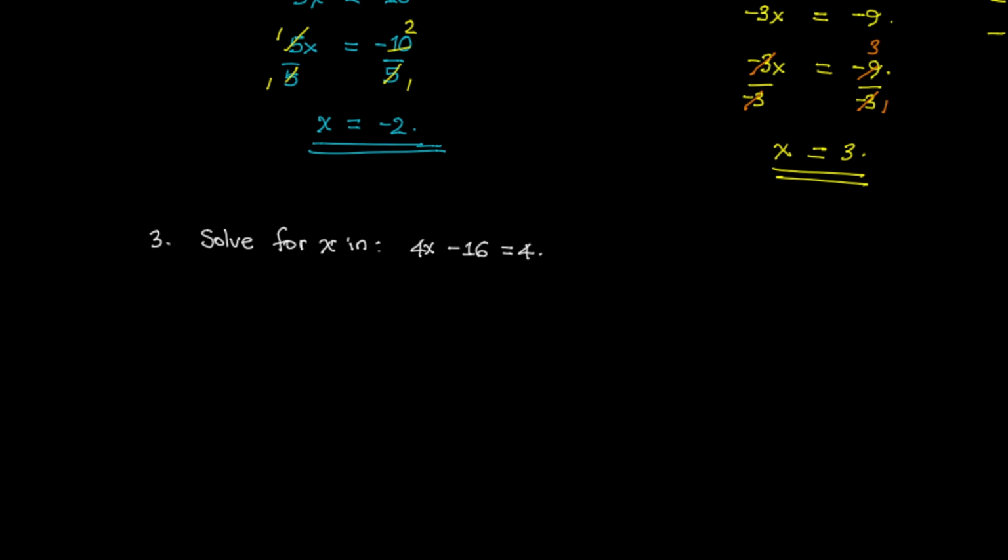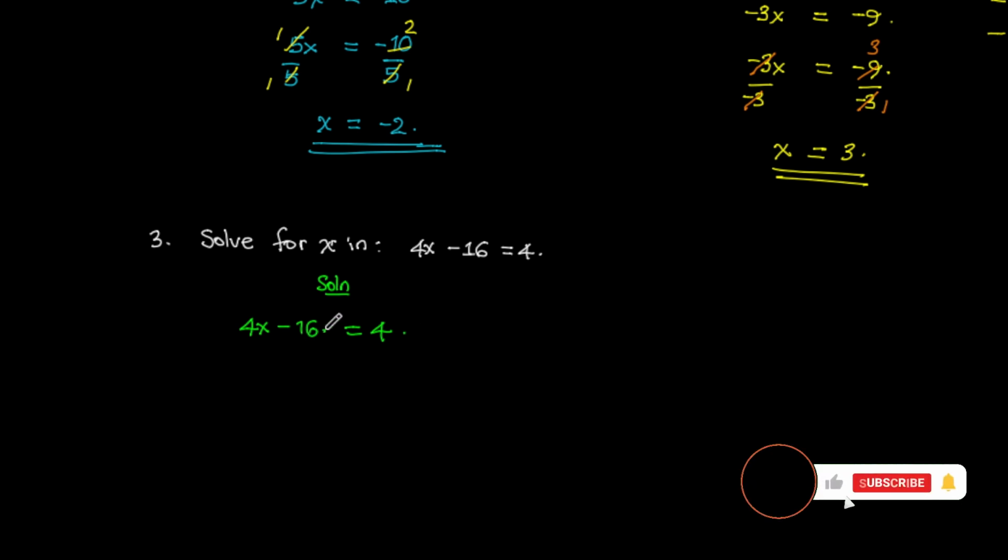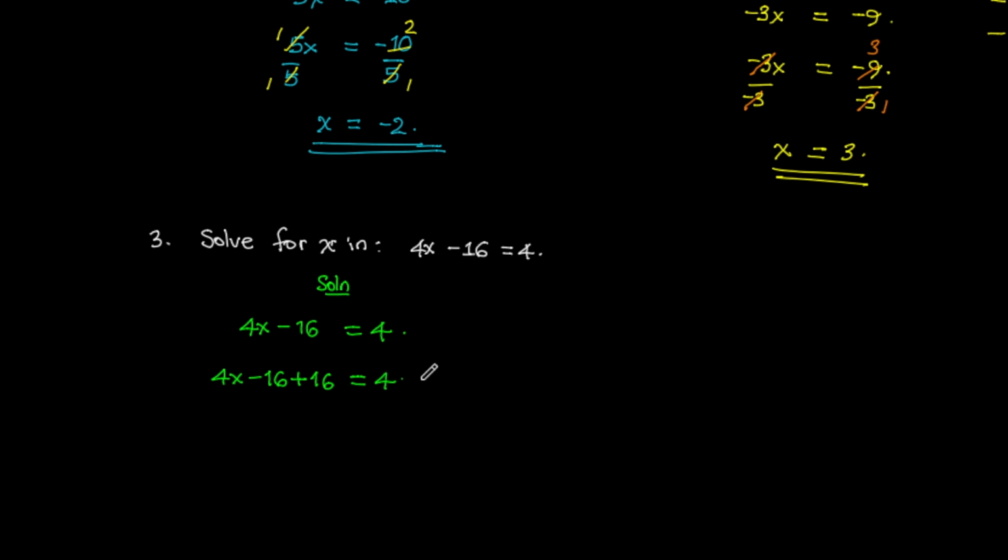Okay, welcome back. In this question, it's just the same thing I've done earlier. Let's get our solution done, where we have 4x minus 16 equals 4, and then we add 16 on both sides, so we have 4x minus 16 plus 16 equals 4 plus 16.